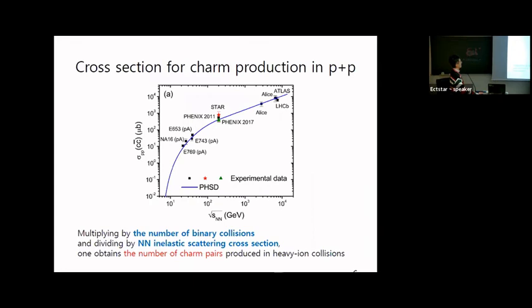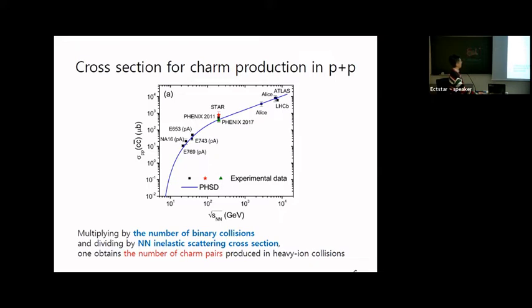Firstly, let me talk about heavy quark production. This is the cross-section for charm production in proton-proton collisions as a function of collision energy. We parameterize several experimental data with this blue line.